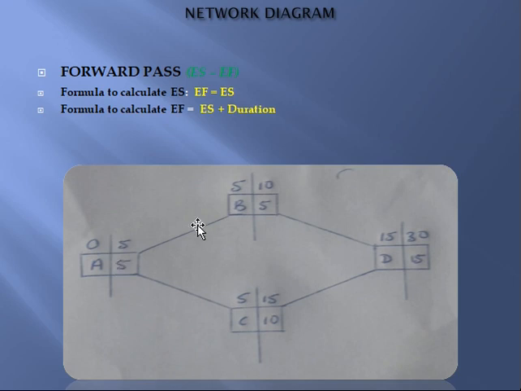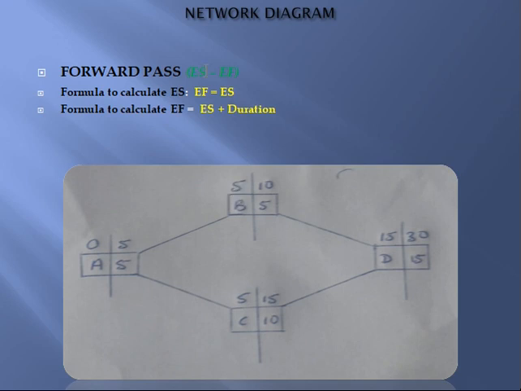Now if you look at the diagram, you also notice that activity B and activity C are dependent on activity A. So for activity B, the early start is going to be 5. The reason being that since activity A is ending on the 5th, activity B has to start on the 5th. Which is what the formula is talking about.